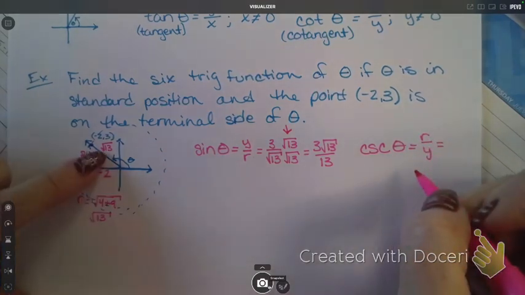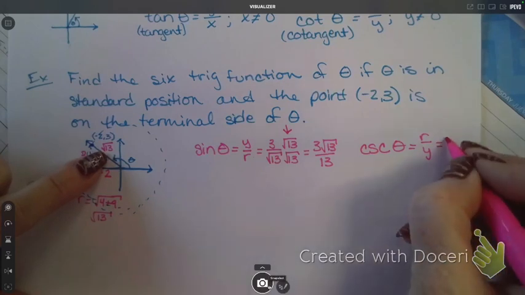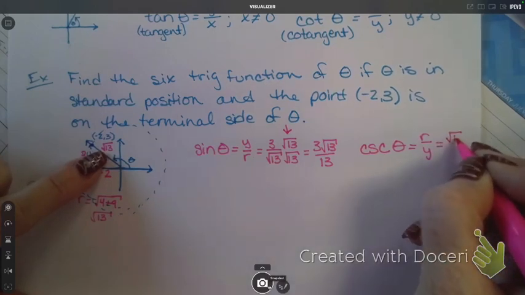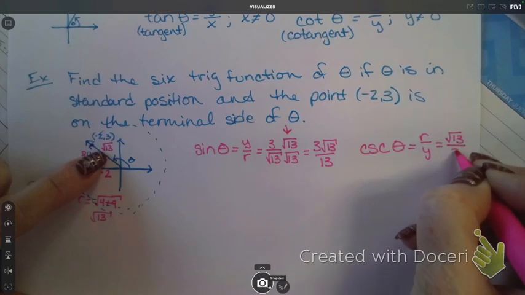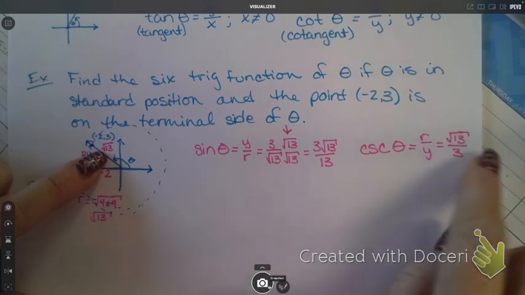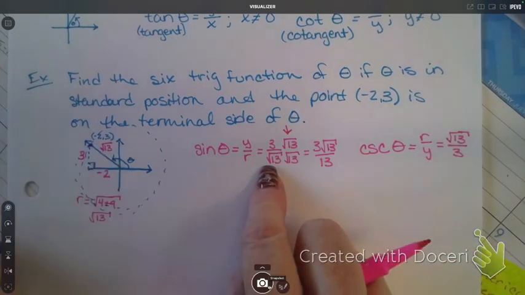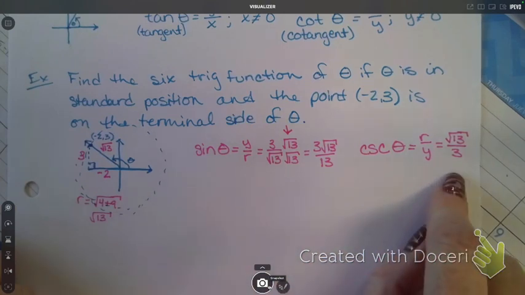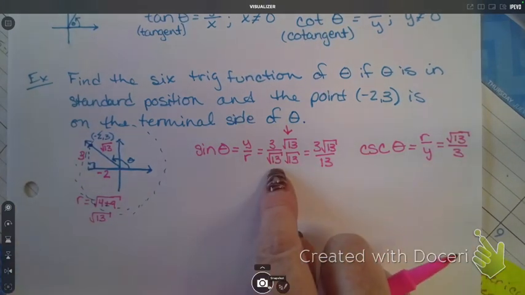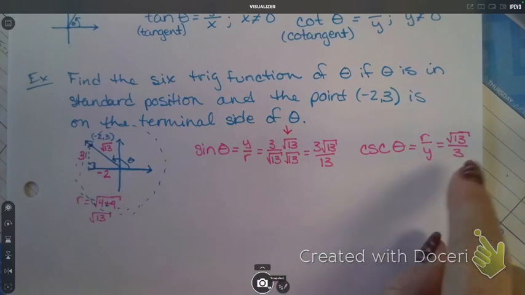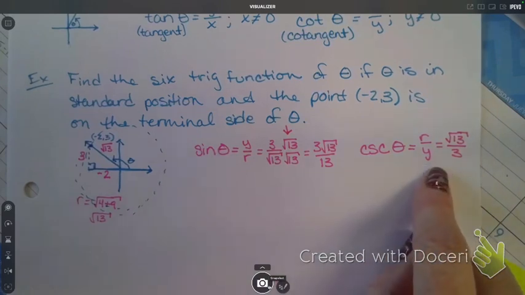So r is square root of 13, and y is 3. Now, you could look at sine and just reciprocate it, yes? But what if you messed up sine? Would you mess up cosecant? Yes. Whichever way. I can't stop you from doing it either way.